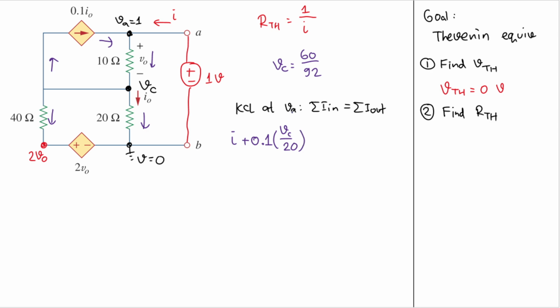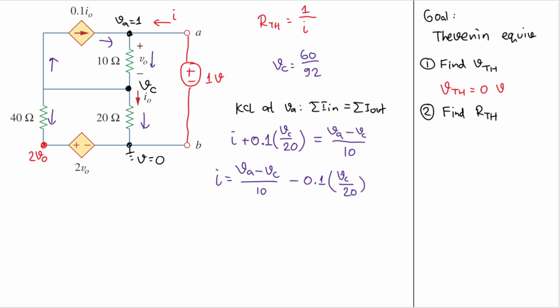And that will equal this current here that goes out, VA minus VC divided by the resistance between them, which is 10. We can isolate I: I equals VA minus VC divided by 10, minus 0.1 times VC over 20.